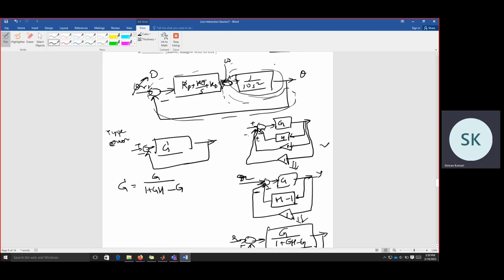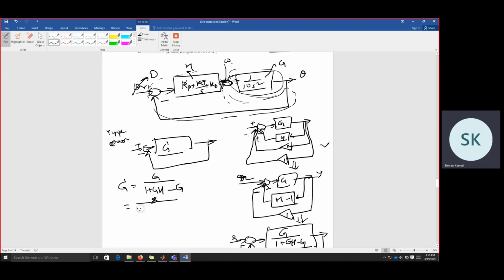So here G is what? G is this one and H is this one. So we'll just replace this. We find 1 by Js square. What do we get?